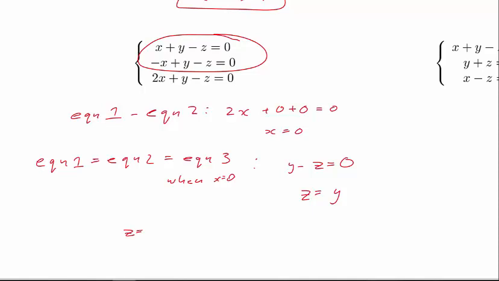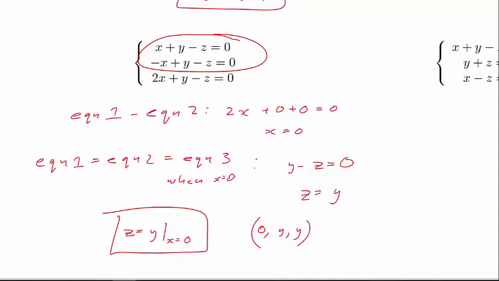We can write it as z equals y such that x equals 0, or as a set of ordered pairs, (0, y, y). Whatever value y takes on, z will take on that same value, so long as x equals 0.